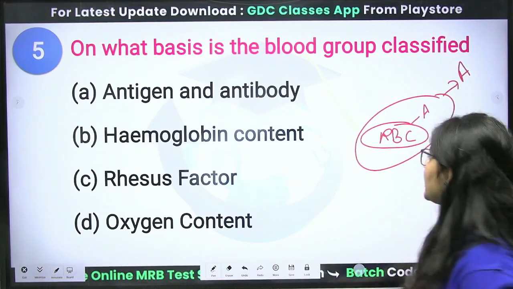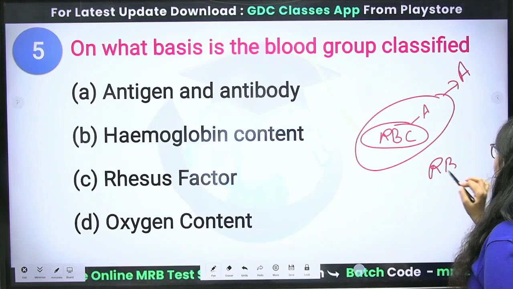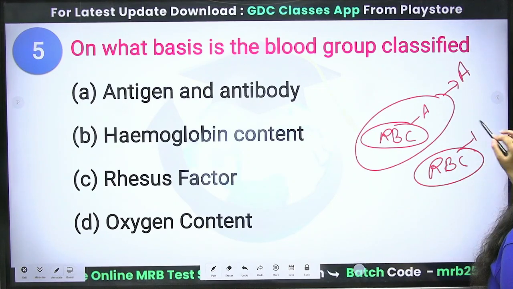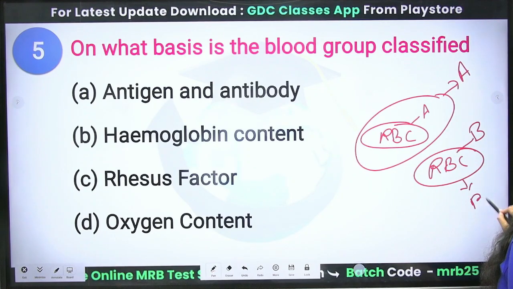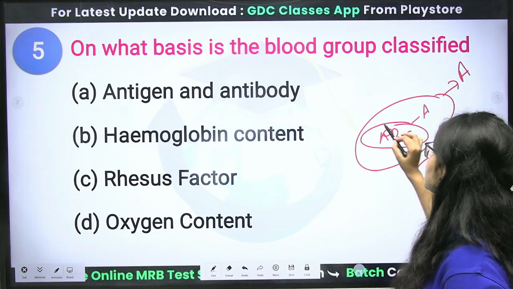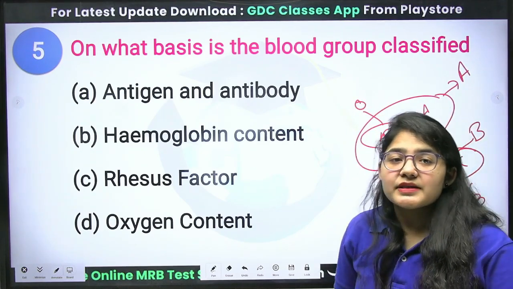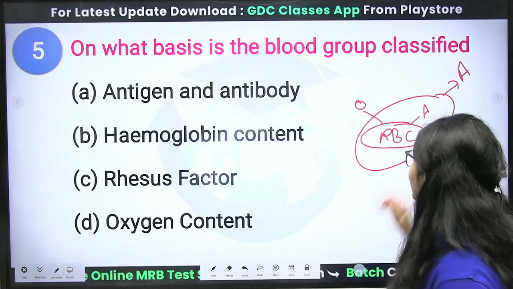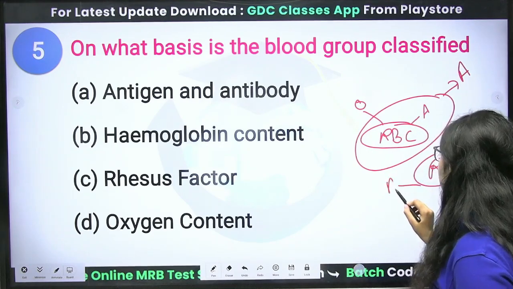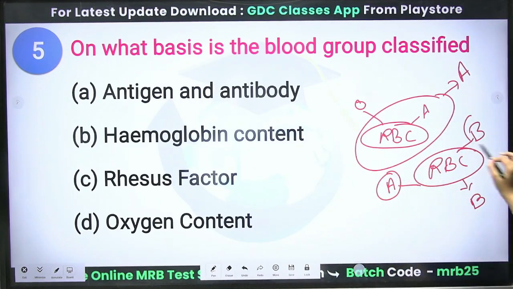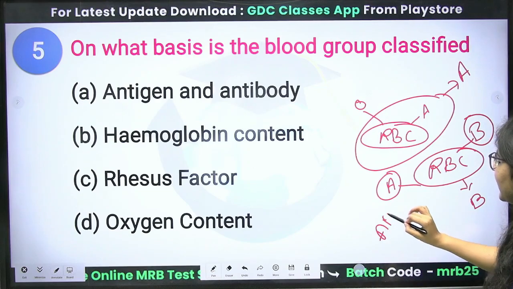Clear? If the RBC contains antigen B, then this is your B blood group. If the RBC contains antigen O, that is 0, that is your O blood group. If your RBC contains both the antigens, that is A and B, your blood group will be AB.